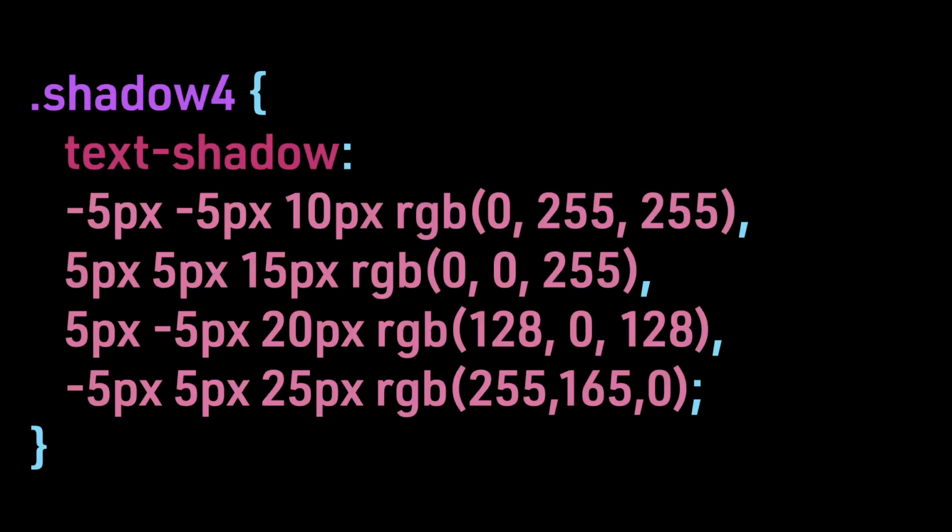.shadow4, text-shadow: -5px -5px 10px rgb(0, 255, 255), 5px 15px rgb(0, 0, 255), 5px -5px 20px rgb(128, 0, 128), -5px 5px 25px rgb(255, 165, 0). In the fourth example, we show how to add multiple shadows using commas to separate them.